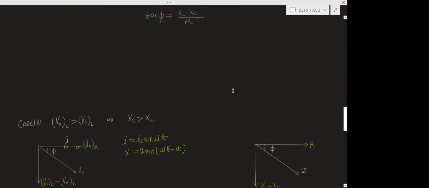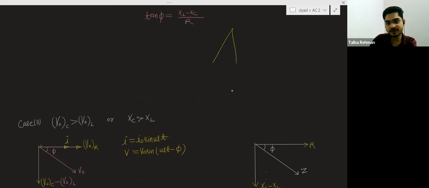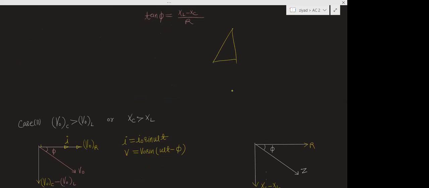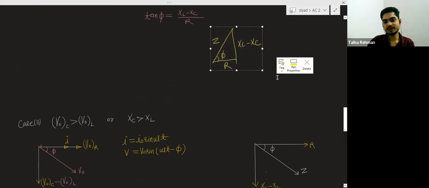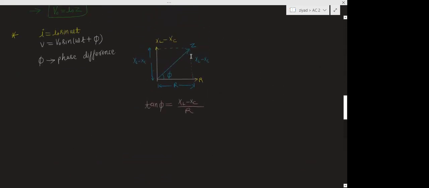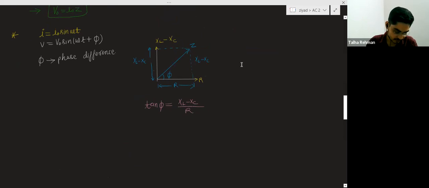Because it's confusing in class, if I say that this is a triangle and here is Z and this angle is phi and here is XL minus XC, there will be some problem in understanding. Here, sir, I have told you the whole process. This is the triangle basically.